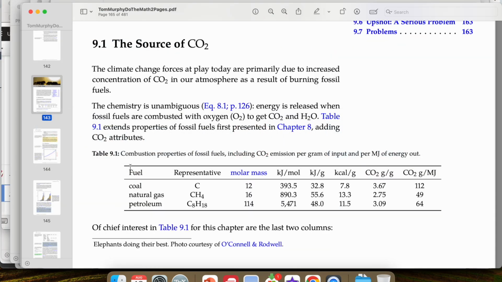And we know the chemistry of fossil fuels. We know that coal, gas, and oil are made of a lot of carbon, hydrocarbons. And when we burn that, we know that we produce CO2. For every gram of fossil fuel that we burn, we produce around 3 grams of carbon dioxide.